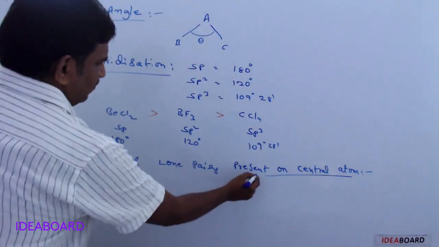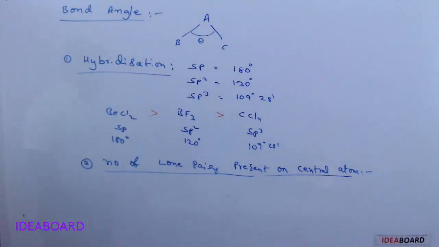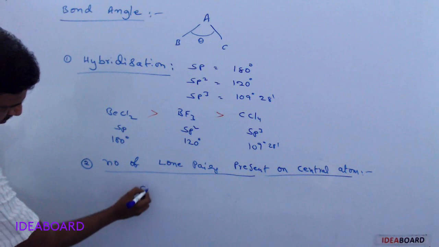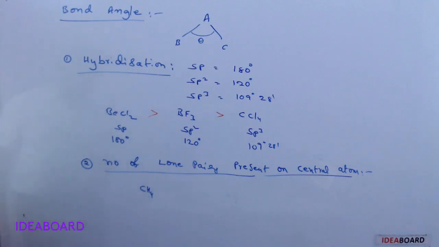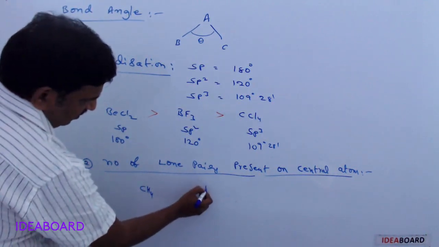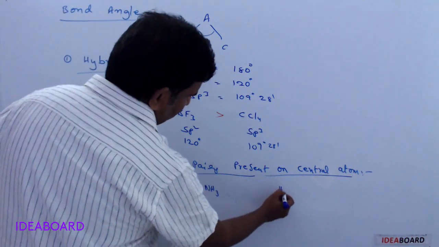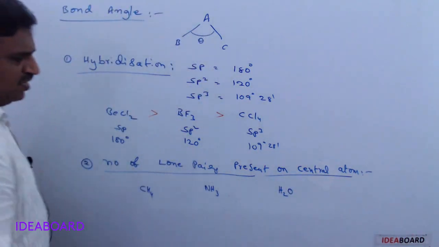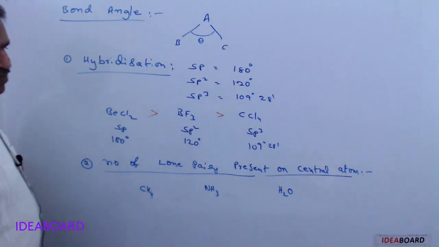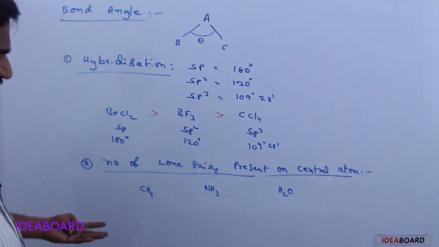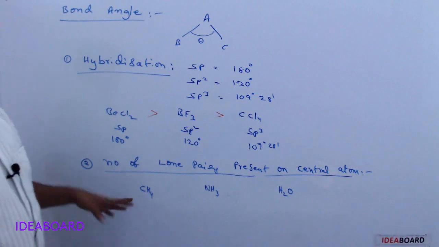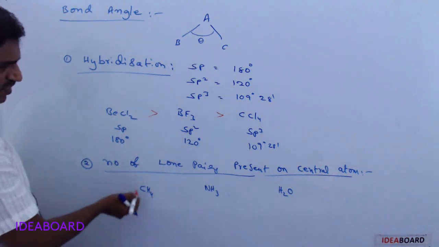Here, if the number of lone pairs present on the central atom is considered, for example, we have the CH4 molecule, the NH3 molecule, and the H2O molecule. We know that in CH4, the carbon atom's valence is 4, it forms 4 bonds, so no electron pairs remain on the central atom.